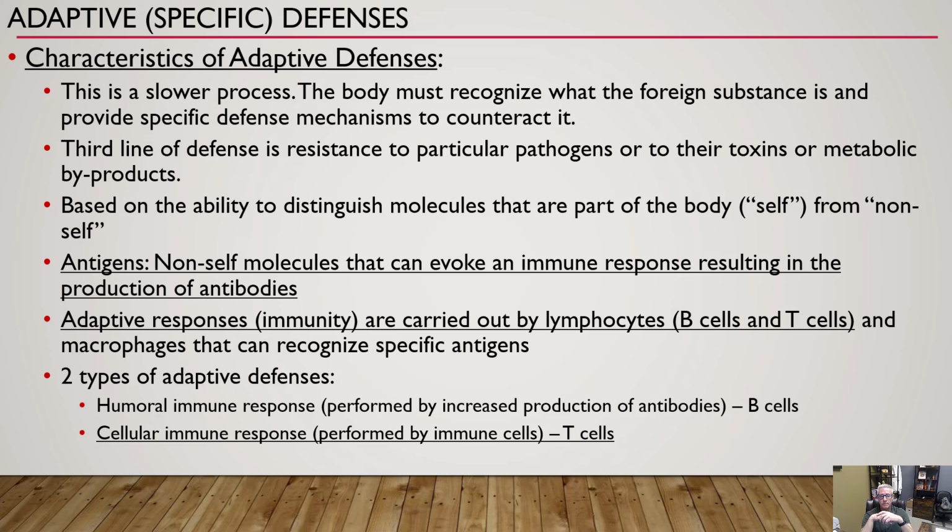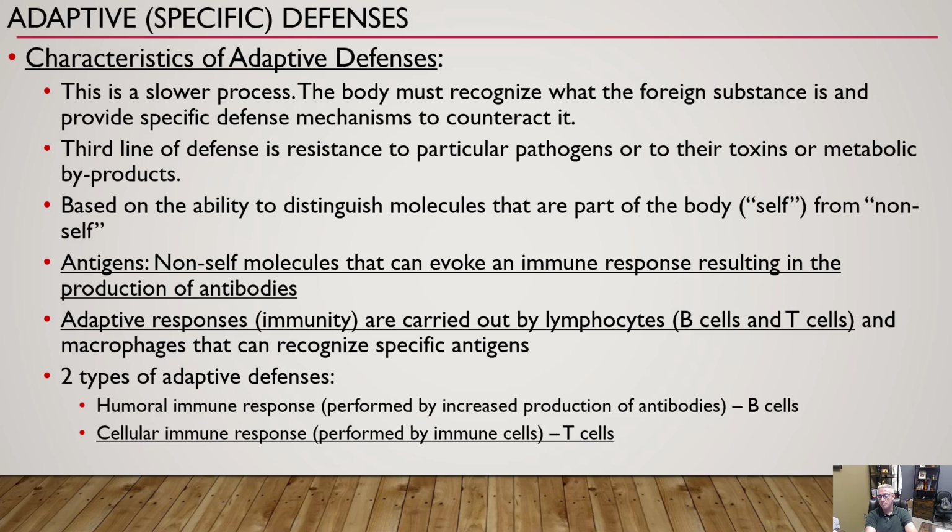Now we're going to start this whole immune system process, or the adaptive process, or the specific immunity response process. And that's going to be carried out by B cells and T cells and macrophages that can recognize specific antigens. So we have two different types of adaptive defenses. We have the humoral immune response, which is going to be more on the production of antibodies.